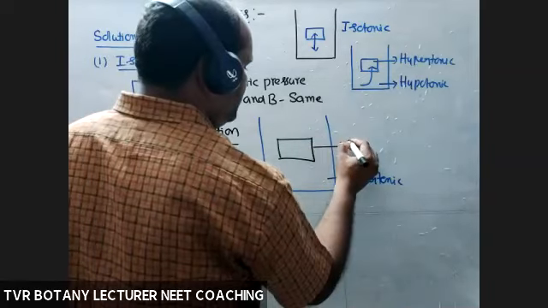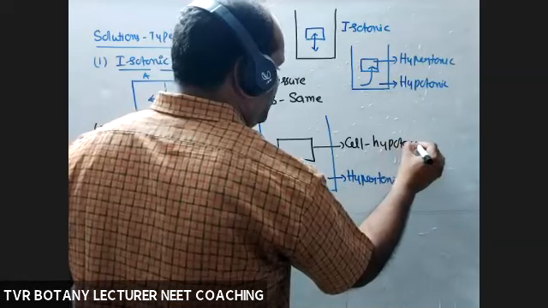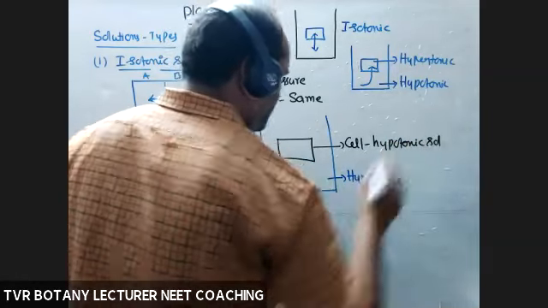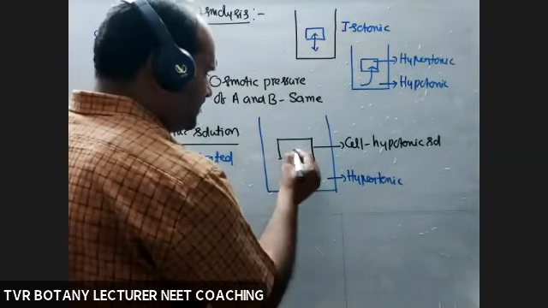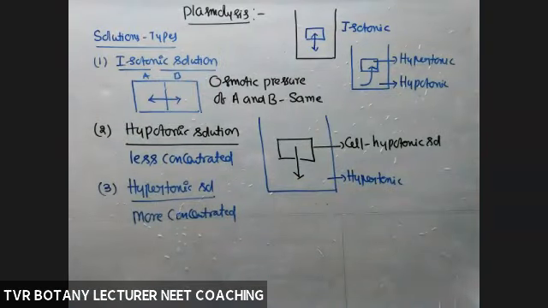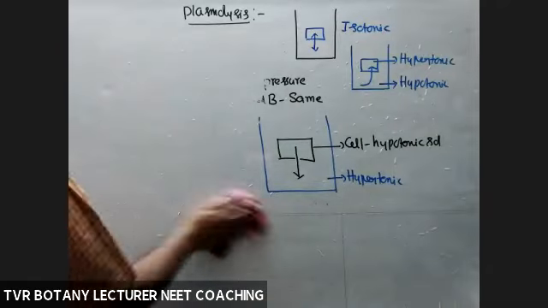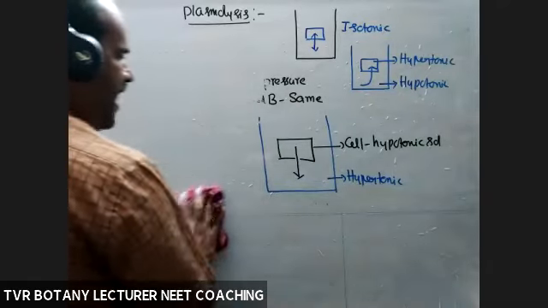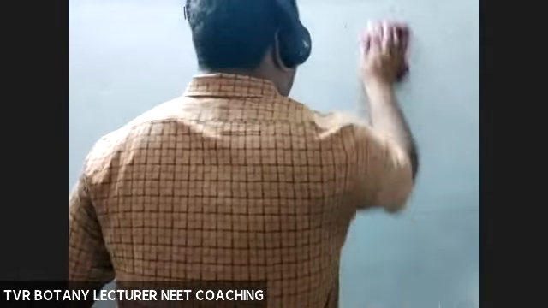Cytoplasm of that one is cell with a hypotonic solution. According to the description, what about the direction of movement of water from cell into the beaker? Okay. Now, what is plasmolysis? What are the steps present in plasmolysis? If a cell whose cytoplasm is hypotonic and dropped into hypertonic solution, what are the events?